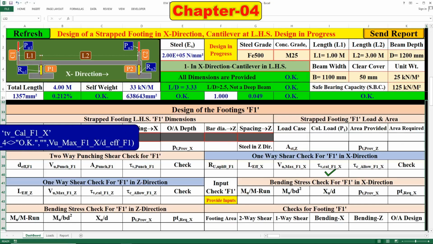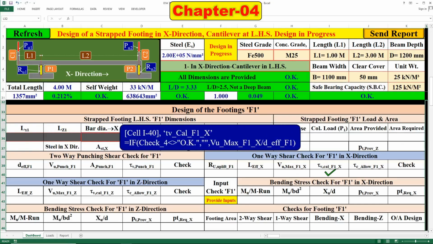Our next target is cell I40. The defined name of the cell is TV_cal_F1_x. It represents the calculated shear stress of footing F1 in the x direction. In this formula, Excel will first check _4. If it finds _4 as a blank cell, this cell will remain blank.